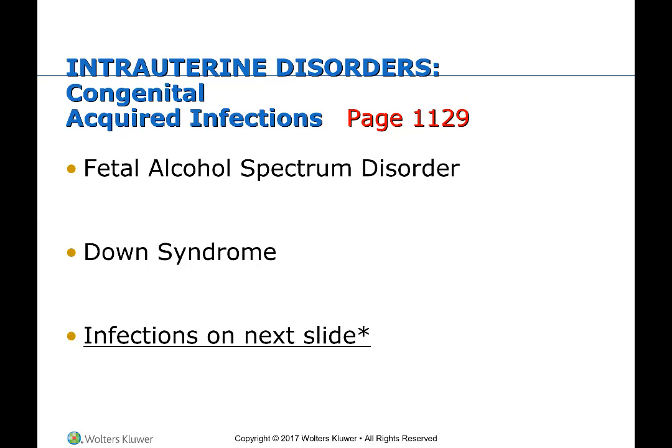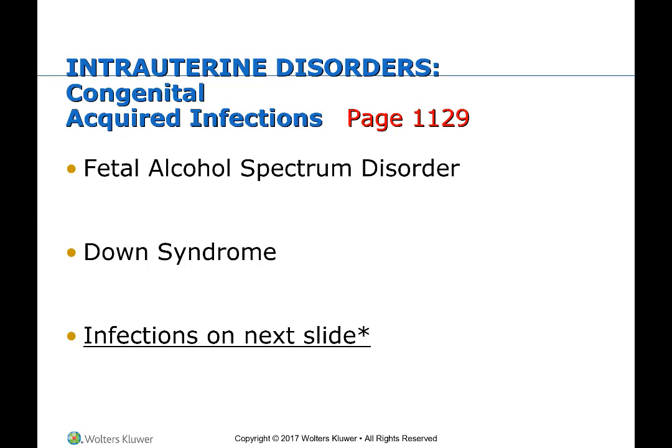microcephaly. So what are we talking about? Small head, small brain, facial abnormalities, and actually your book lists what a child with fetal alcohol syndrome might look like, because there are some definite facial abnormalities.